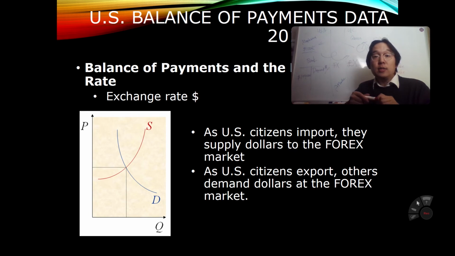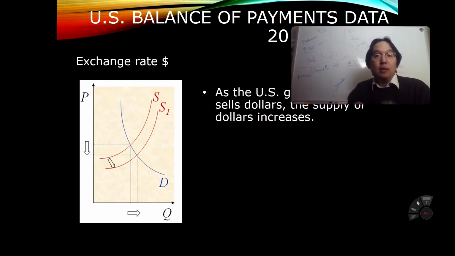As U.S. citizens import, they supply dollars to the forex market. As U.S. citizens export, others demand dollars at the forex market. So this is demand and supply along the line. You can see it.